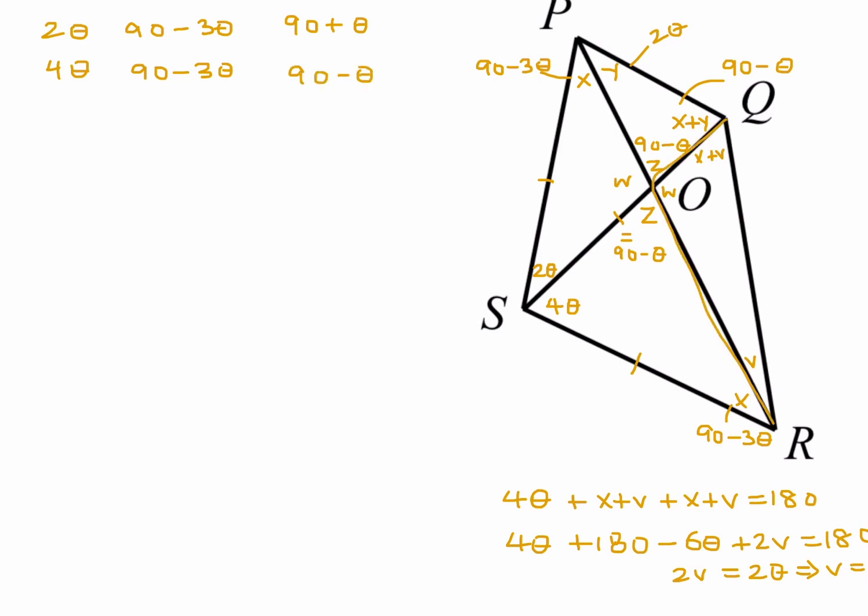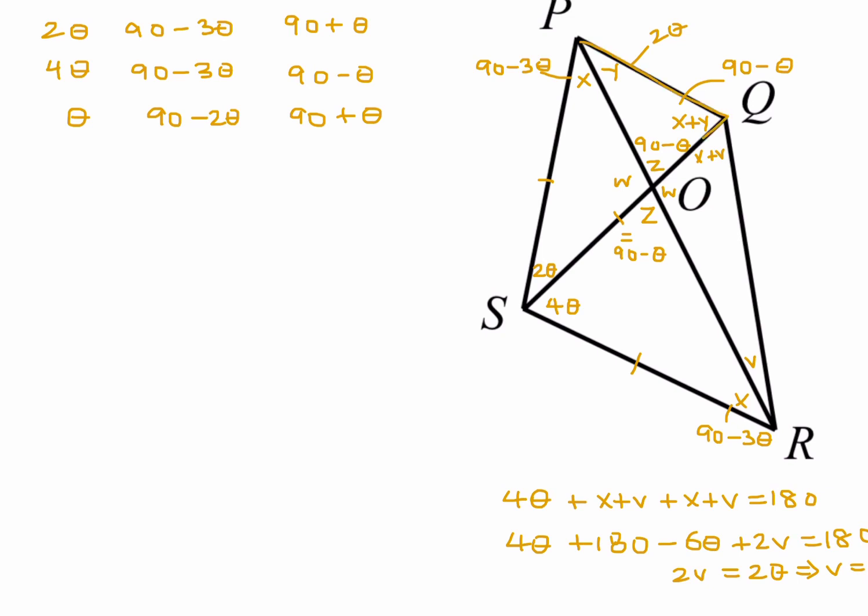Okay, and then in this triangle, I've got v, which I just figured out was theta, and then x plus v, which I guess would be, x is 90 minus 3 theta, and then v is theta, so 90 minus 2 theta. And then the other angle is w, and w is equal to 90 plus theta.